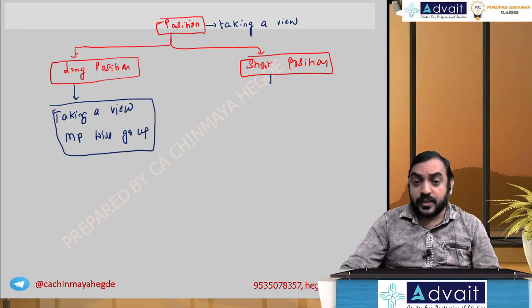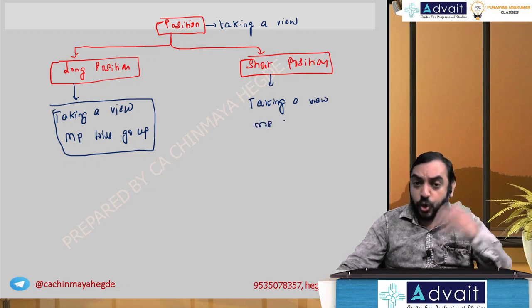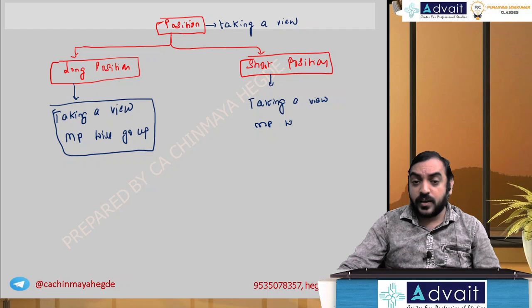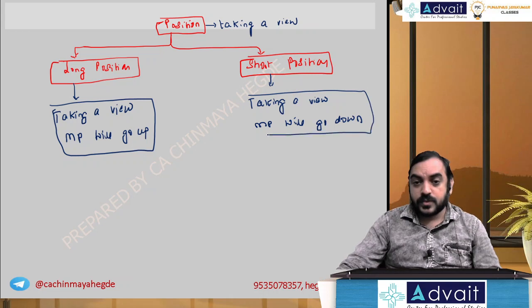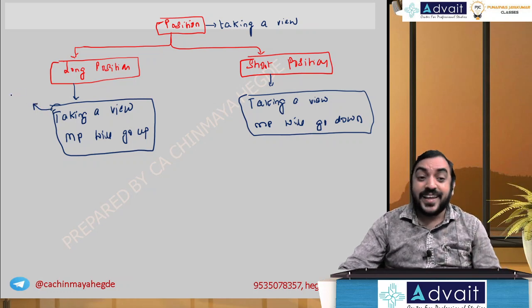Short position is the opposite view: the market price will fall, the market price will go down. Taking a view that the market price will go up is also called being bullish.